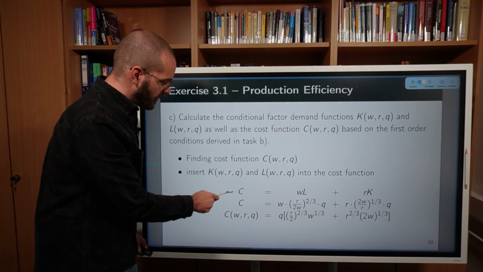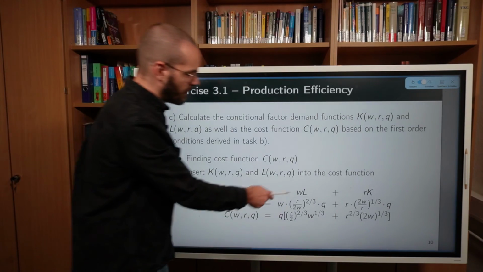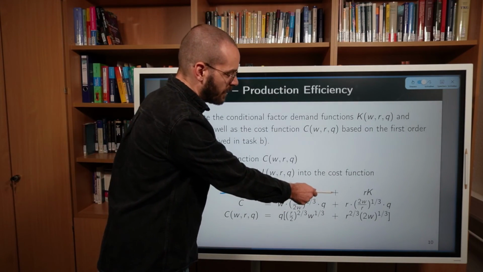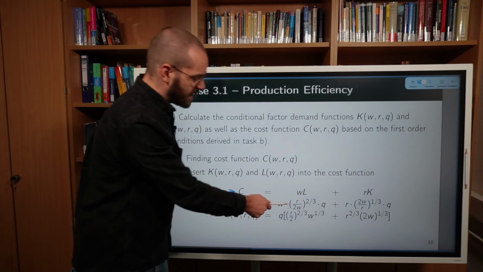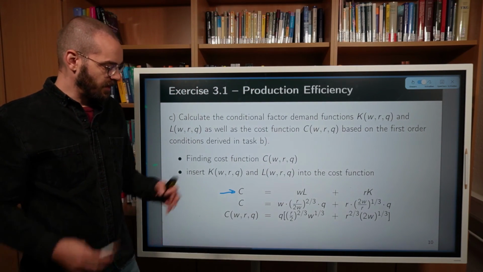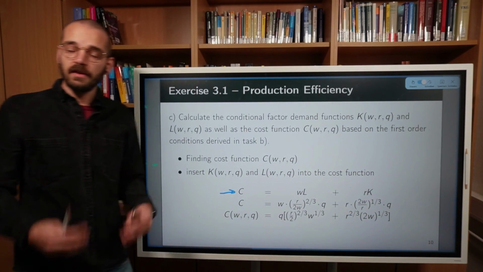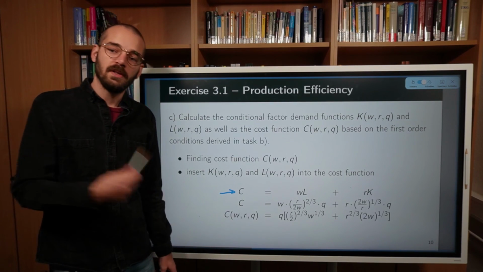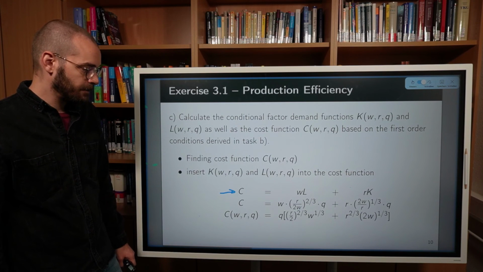So start with the initial cost function, which we already know. Total cost of the firm is the price of labor times labor plus the price of capital times capital. And now we substitute for L as well as for K the conditional factor demand functions which we derived on the previous slide.